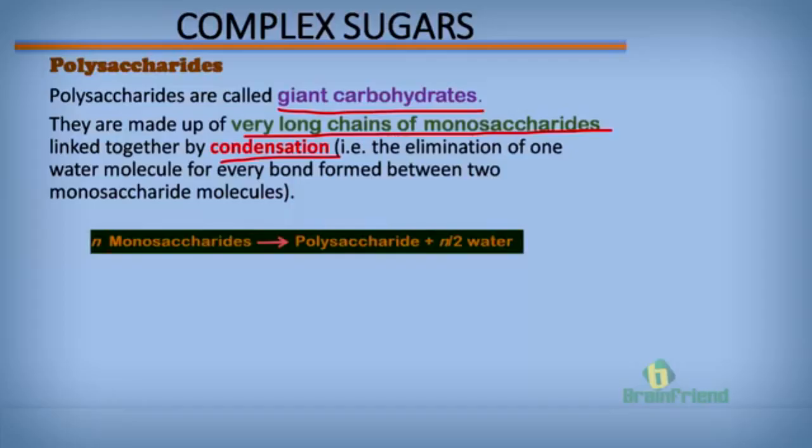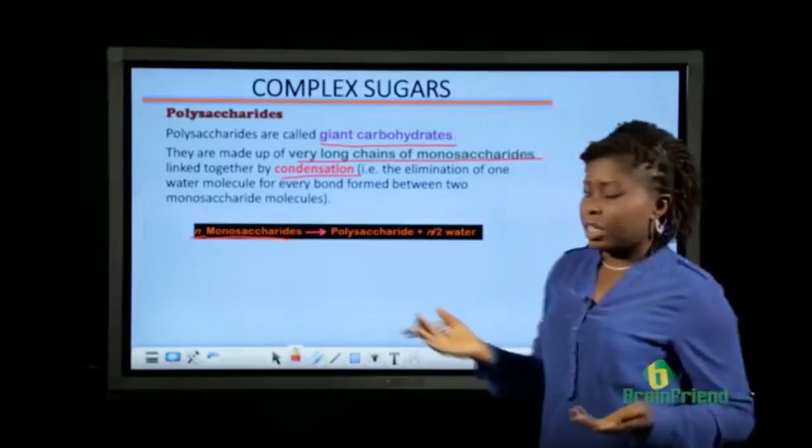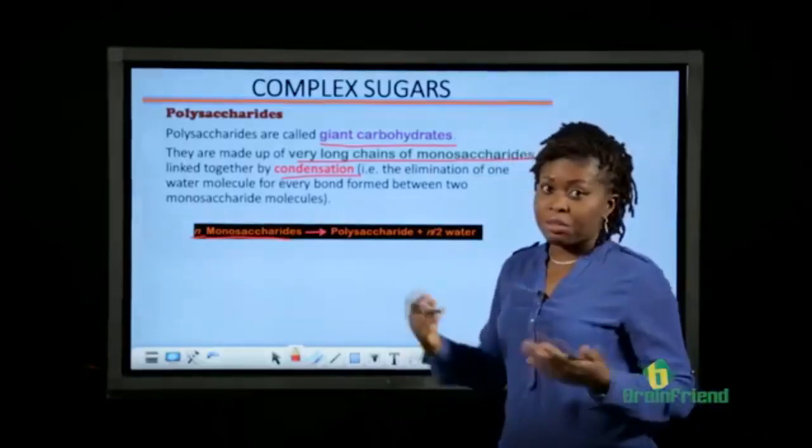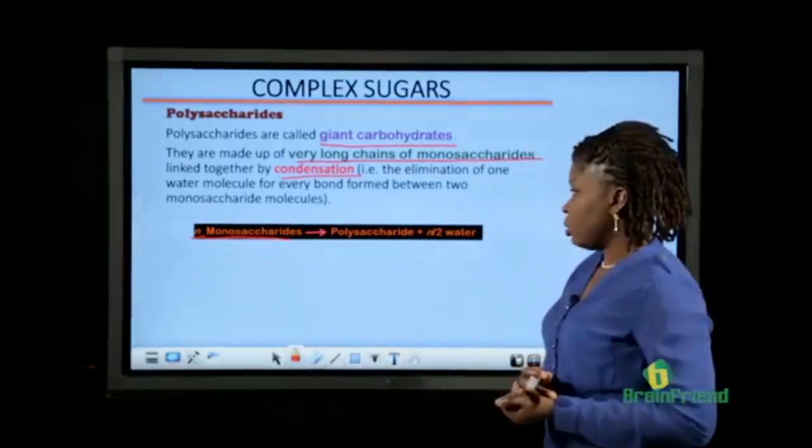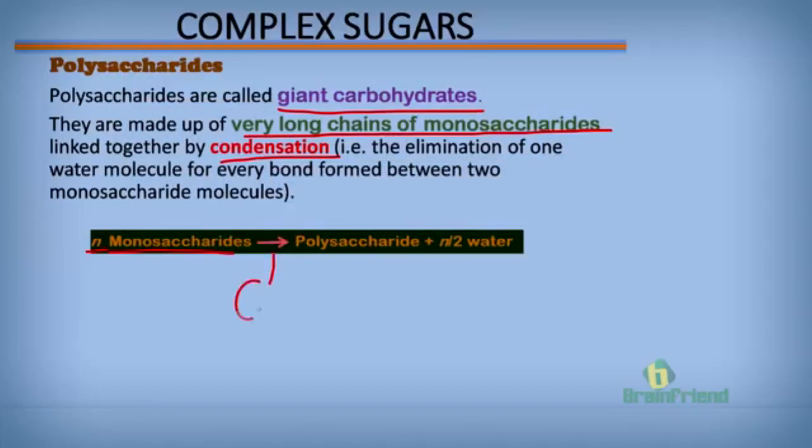So we have monosaccharides with n representing any number. It could be hundreds of monosaccharides or thousands of monosaccharides. Through condensation reaction, they give polysaccharides, with obviously a large amount of water being eliminated.